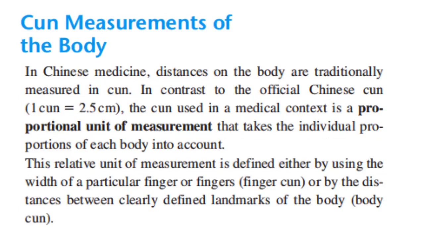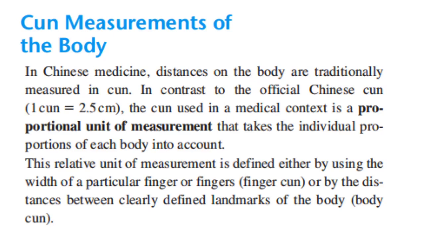Now let's talk about tune measurements of the body. In Chinese medicine, distances on the body are traditionally measured in tune. In contrast to the official Chinese tune, where 1 tune equals 2.5 centimeters, the tune used in a medical context is a proportional unit of measurement that takes the individual proportions of each body into account.